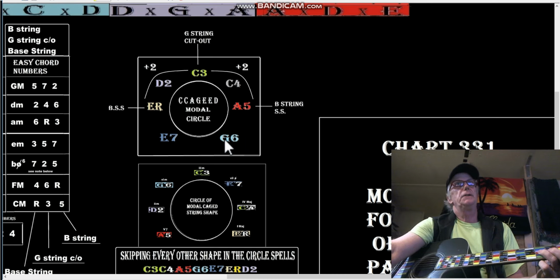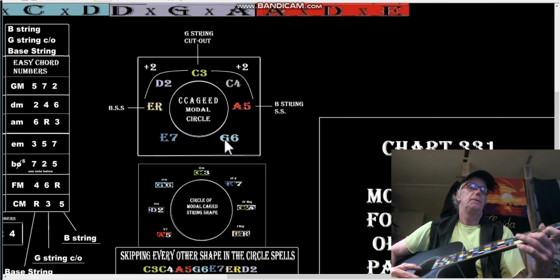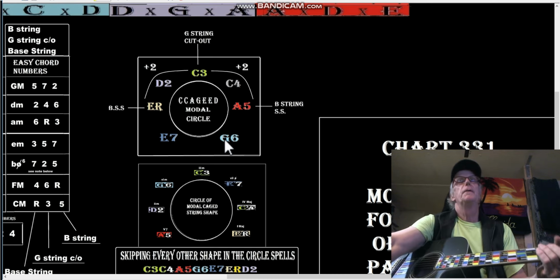Skip 2 again to the G shape on the 5th string, but bring it up 1 fret for the tuning third. So we have a 4th, go up 1 fret, we have another 4th here. Okay, from here to here is a 4th. We want that 4th.